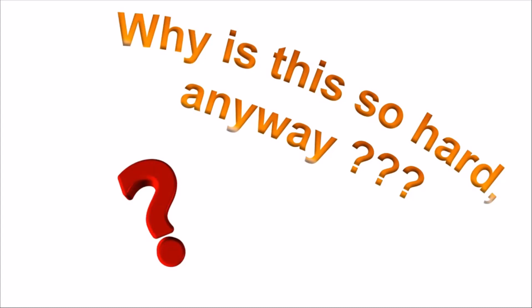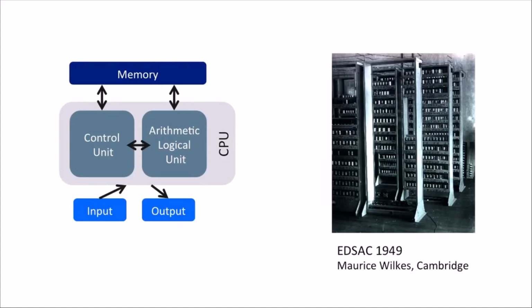Why is this performance optimization so hard anyway? To understand why getting good performance is so hard, we have to look back into the dawn of computing. All computers are still built following the stored program computer design. The clue in this design, and the reason why computers are so successful, is the fact that this computing machine can be programmed using a generic set of instructions.